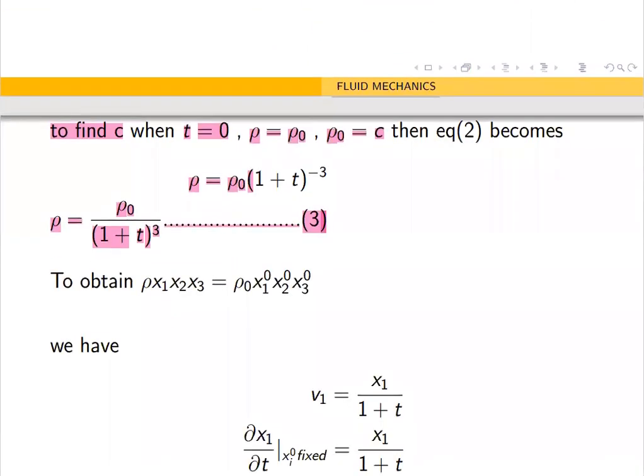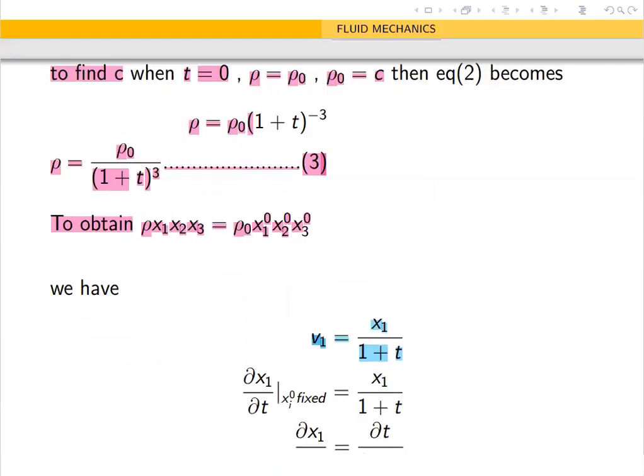Now we have to prove the other part. The second part of the question is this: to obtain rho of x1, x2, x3 is equal to rho naught of x1 naught, x2 naught, x3 naught. Let us obtain this now. So what is V1? V1 is x1 by 1 plus t. What is V1 on the LHS?